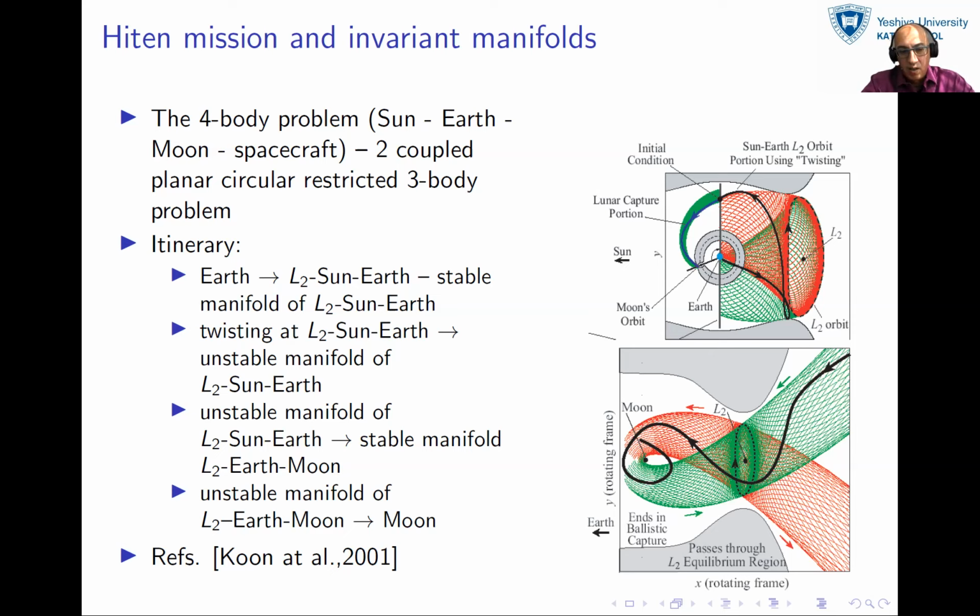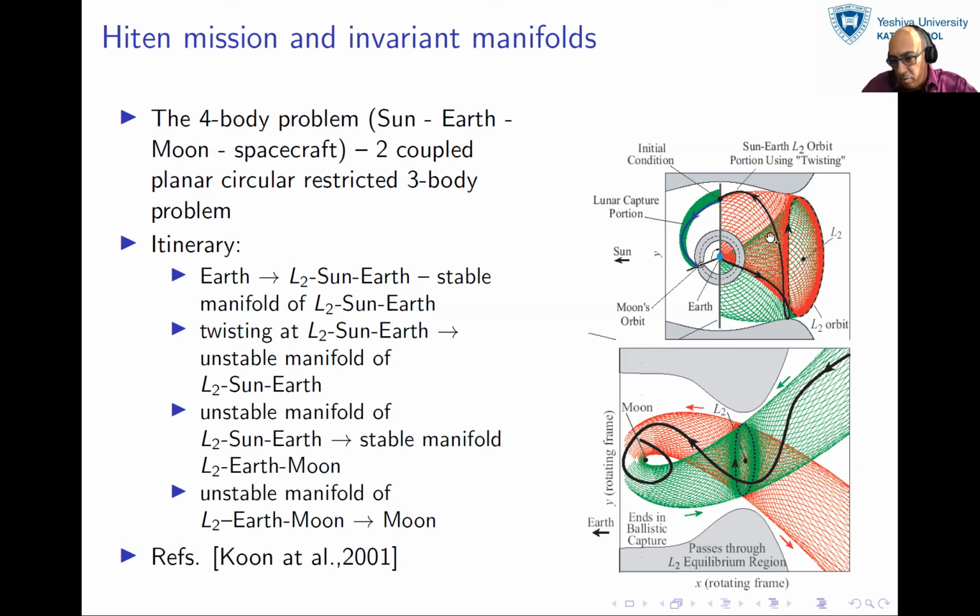So you can think of it as you separate these into 2 problems. One is Sun, Earth, and spacecraft, and the other one is Earth, Moon, and spacecraft. And you use the stable and unstable manifolds for each of these problems.